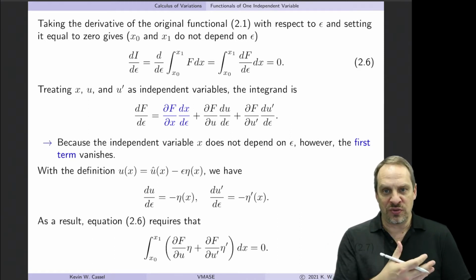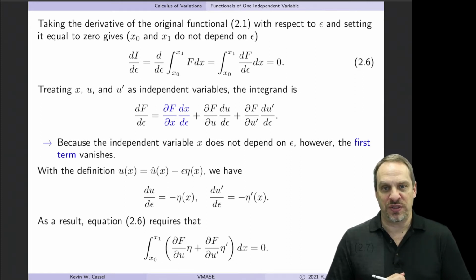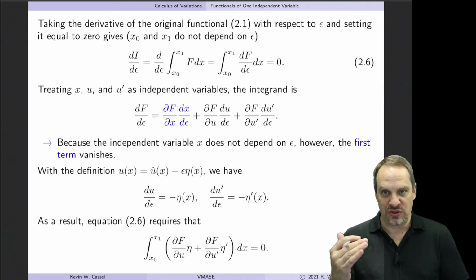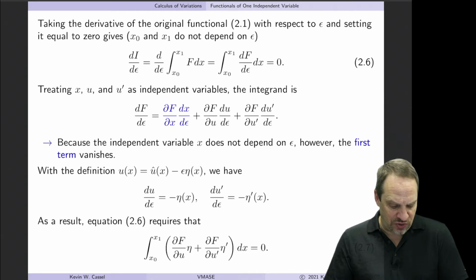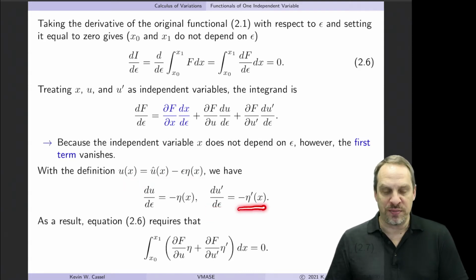When we get to the variational formulation in the next video, we won't have any need for these epsilons and etas, but for now we're doing this translation back and forth. So if u is u hat minus epsilon eta, then du d epsilon is just minus eta. And du prime d epsilon, if you take the derivative of this, will just be minus eta prime.